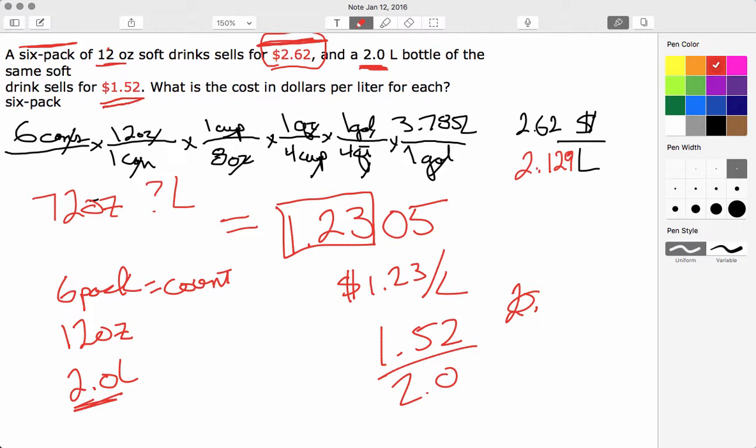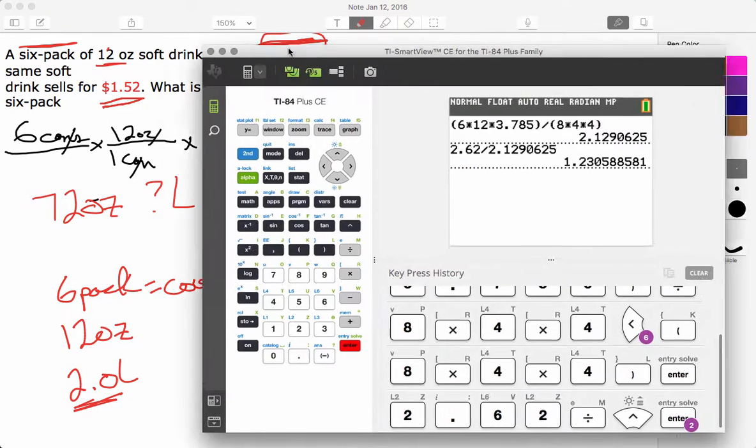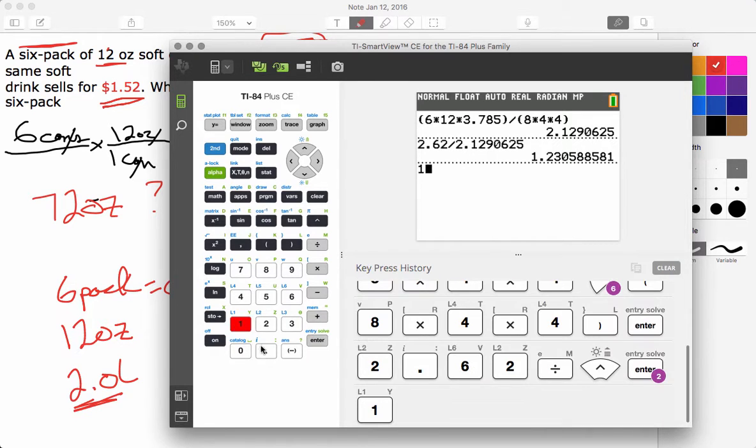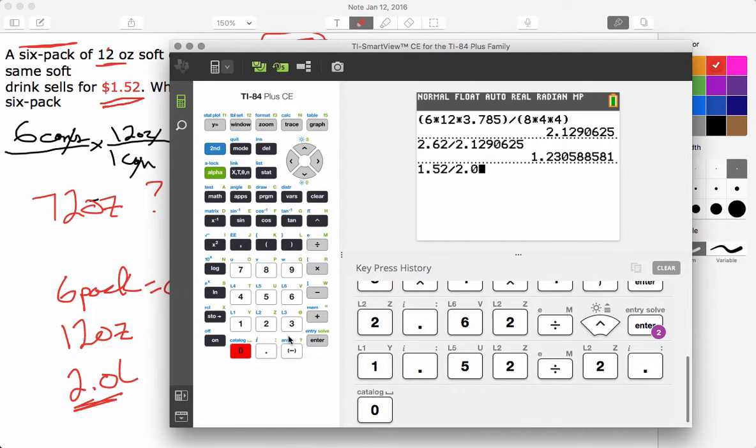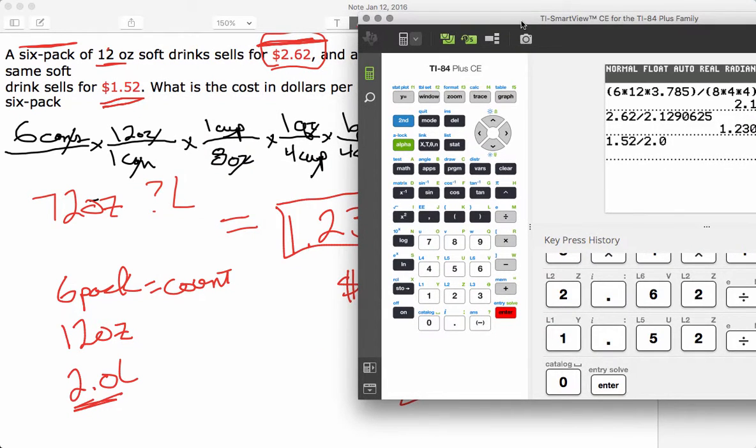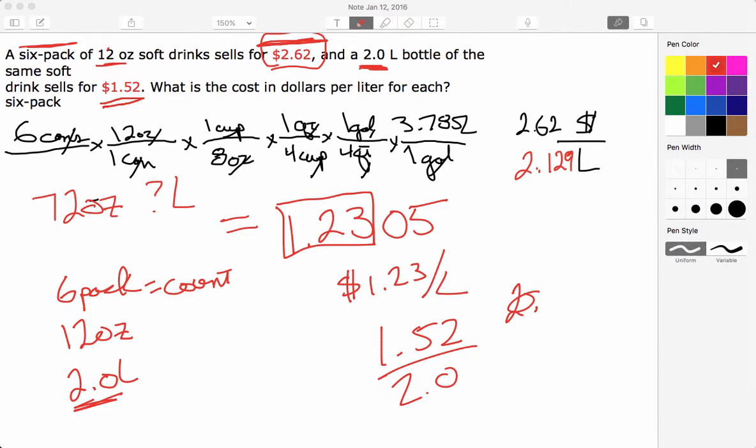And again, in this particular case, we would just leave that at 3 significant figures for the answer, which we can do real quick here. $1.52 divided by 2.0, enter, and you get 76 cents. I'd put 0.760 to maintain the 3 significant figures.